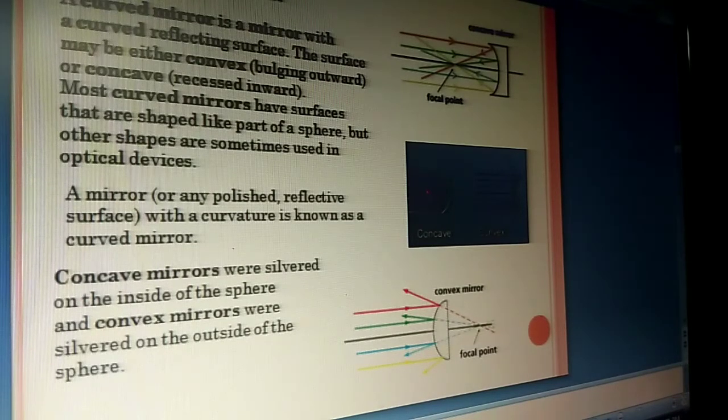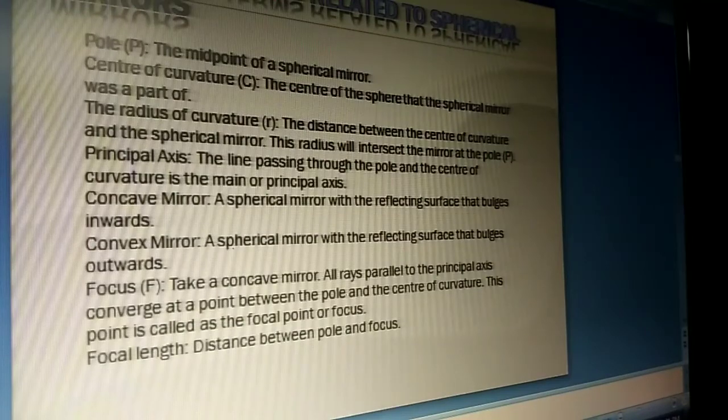That means the shape of the mirror is like a parabolic shape. Concave mirrors were silvered on the inside of the sphere, whereas convex mirrors were silvered on the outside of the sphere. The important terms related to spherical mirrors begin with the pole of the mirror.